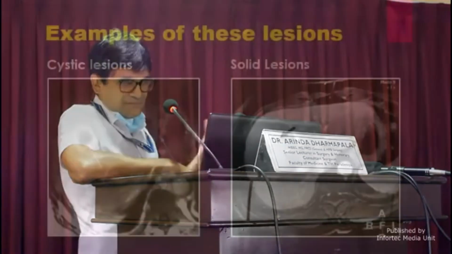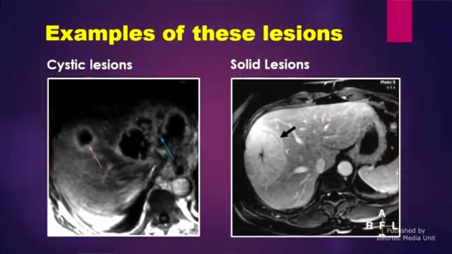Just to recap your knowledge on these liver lesions, these are the common ones. You don't have to remember everything. From our medical student days, we know there are malignant lesions and benign lesions, and there are cystic lesions and solid lesions. These are the ways of categorizing. Some common benign lesions on the left-hand side are cystic lesions, hemangiomas, hepatic adenomas and hematomas.